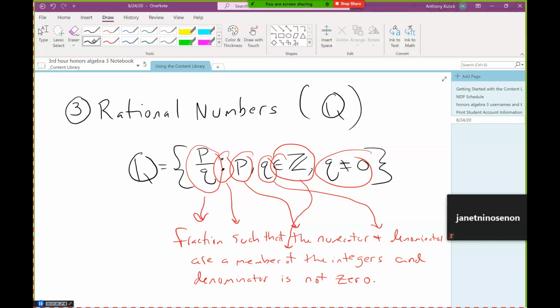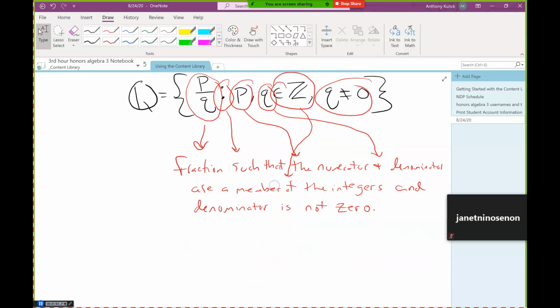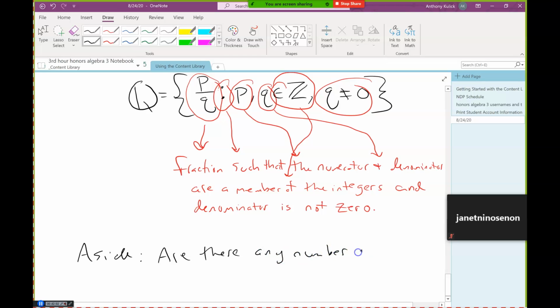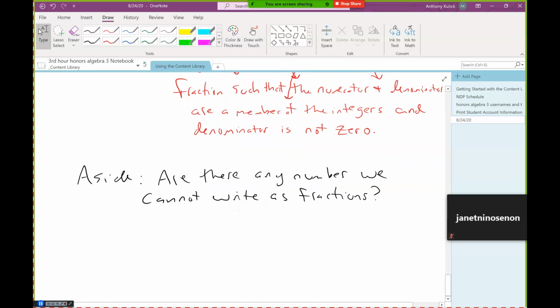So here's my question for you then. Are there any numbers that we can't write as fractions? Think about your math class last year.